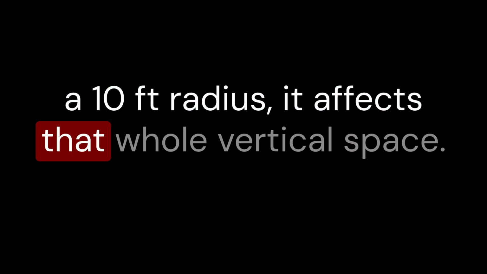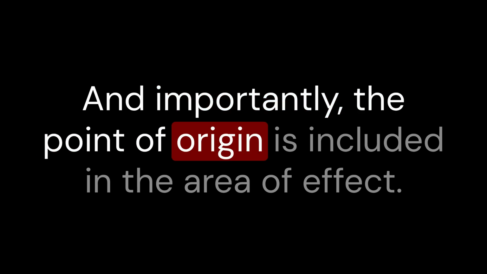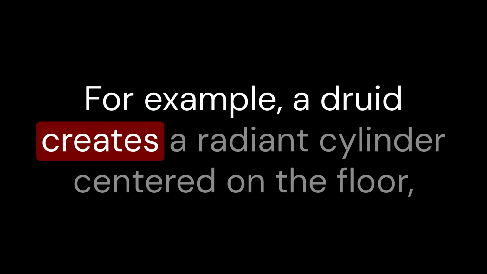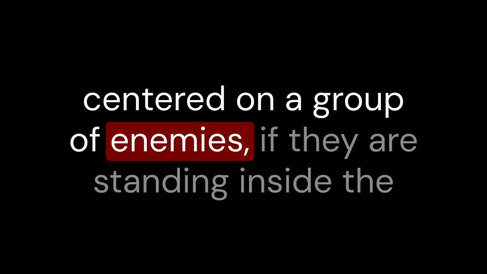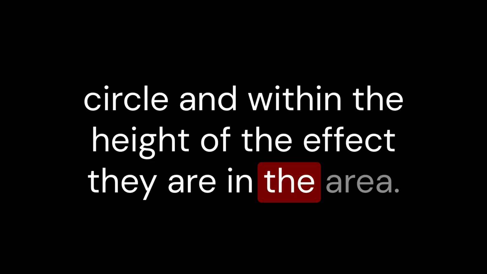So if the spell says a cylinder is 20 feet high with a 10-foot radius, it affects that whole vertical space. And importantly, the point of origin is included in the area of effect. For example, a druid creates a radiant cylinder centered on the floor, centered on a group of enemies. If they are standing inside the circle and within the height of the effect, they are in the area.